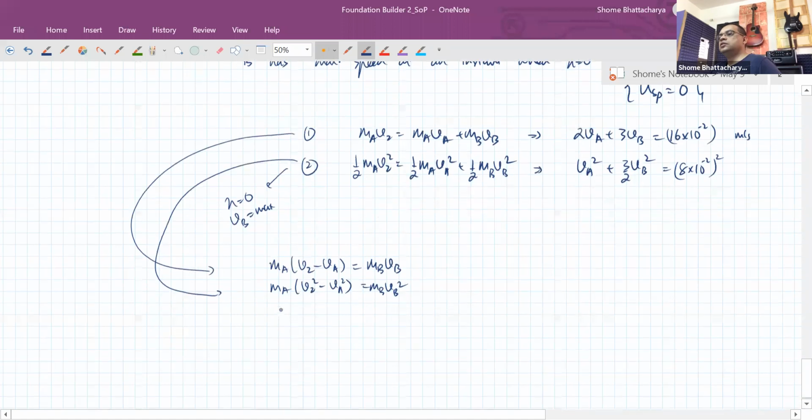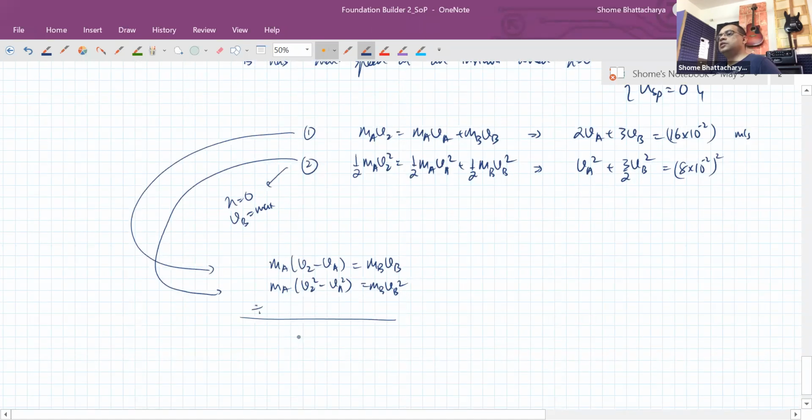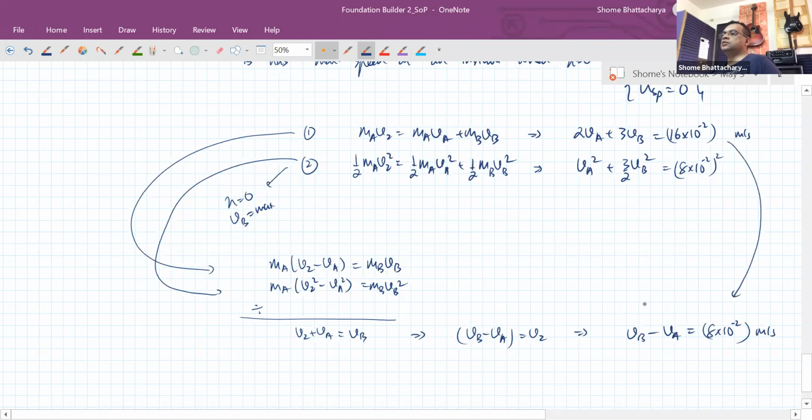So if we just divide the equations, we can see that, and to that you can compare this equation.